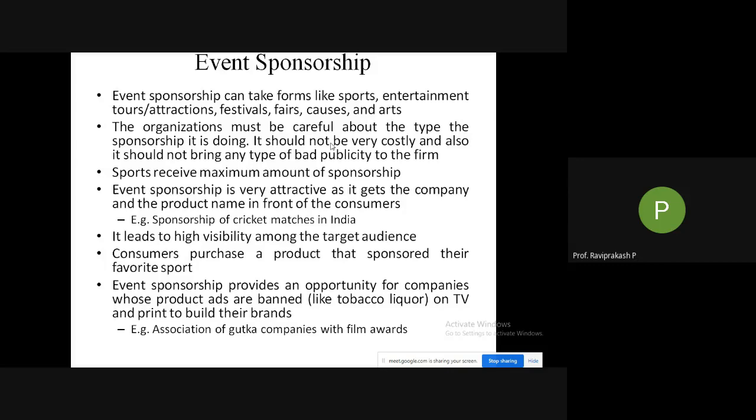For example, the association of Gurkha companies with film awards and all. So those people are basically sponsoring these particular prestigious events.